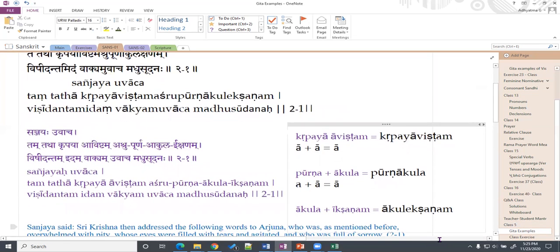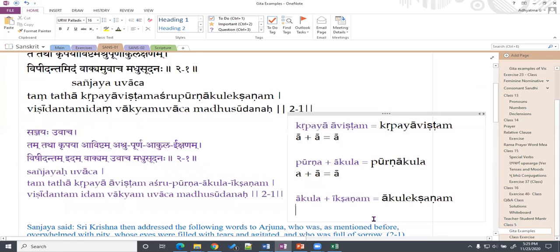So here you can see the case which we are dealing here is akara plus ikara is ekara. So here the last letter of the first word is the first vowel. So these 2 are coming together. Similarly in every sandhi. So that's how the akara plus ikara becomes ekara. And you can see here clearly these two have become one, and this becomes one word.